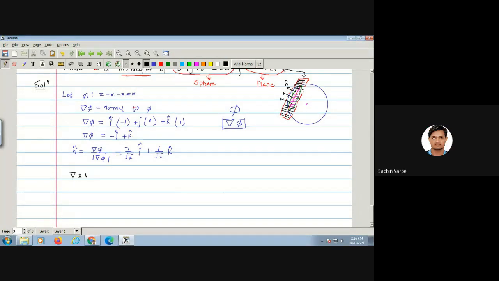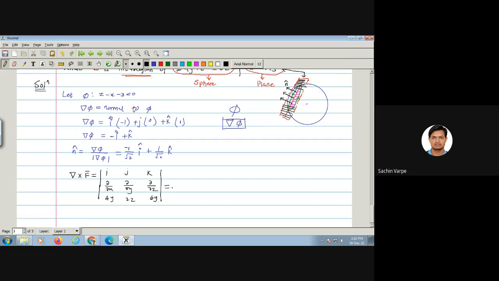Del cross F bar is the determinant of i j k, partial derivative with respect to x, partial derivative with respect to y, partial derivative with respect to z, of f1. What is f1? 4y. This is 2z and this is 6y.